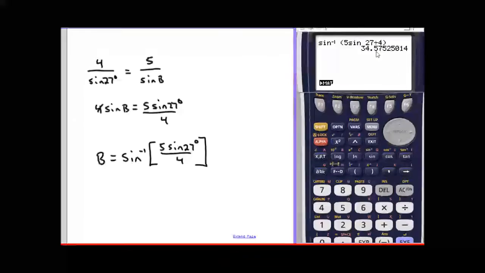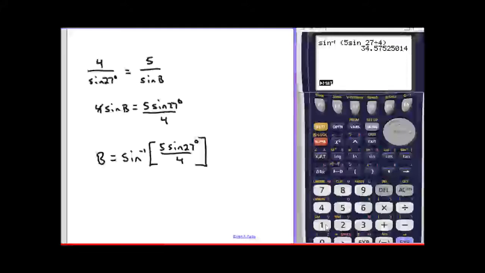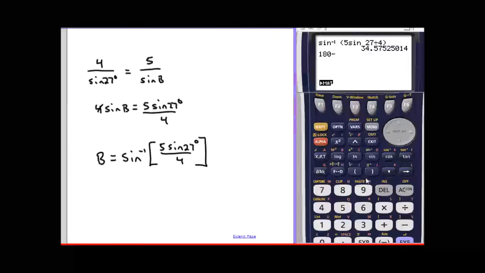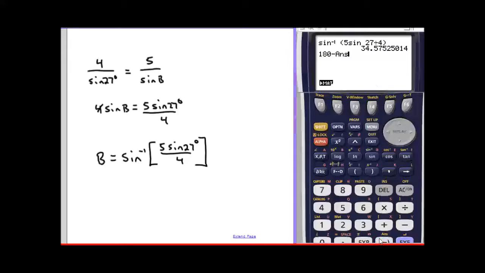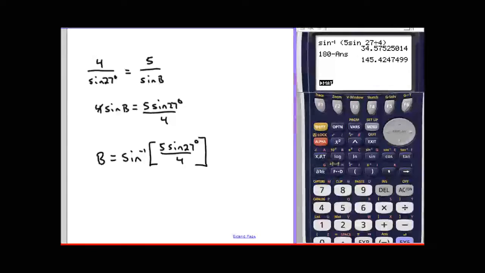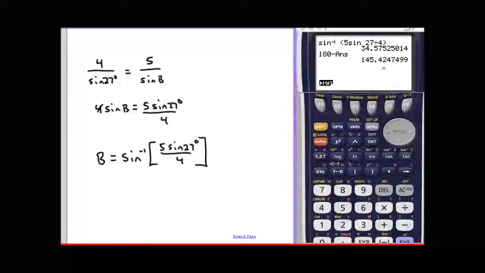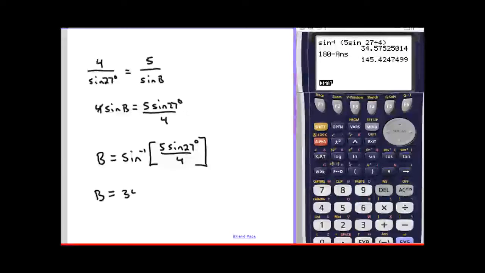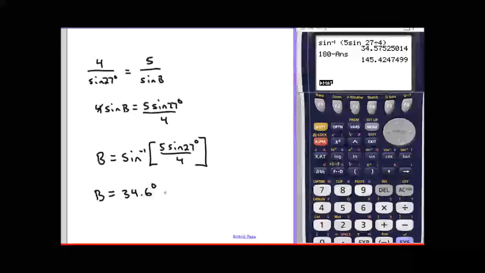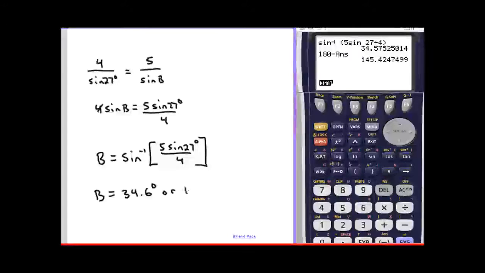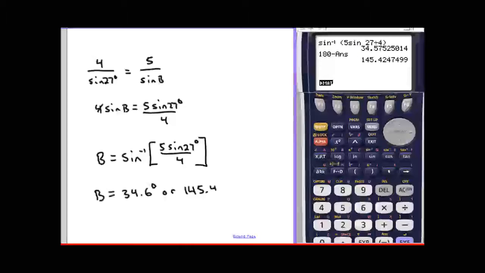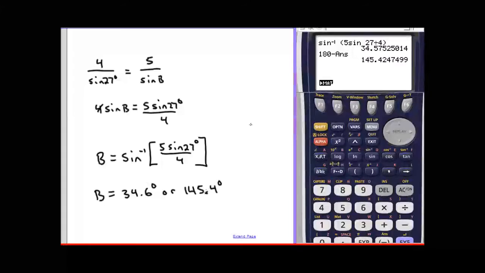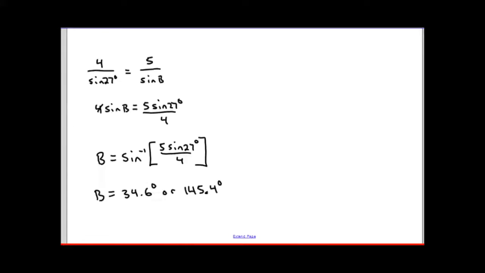Now what we did in that last problem, I know it could also be 180 minus that answer. It's also a possibility that it is 145.4. So angle B could be 34.6 degrees or 145.4 degrees. We've got those two possible answers.